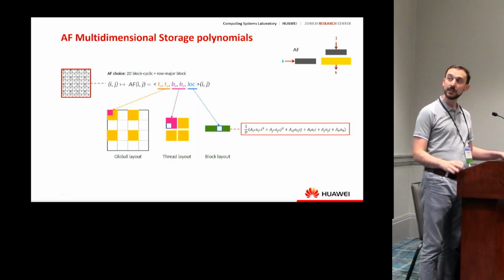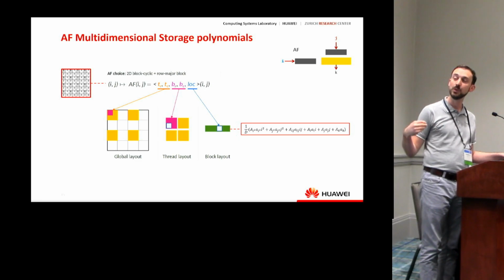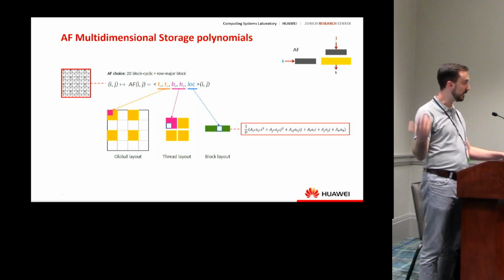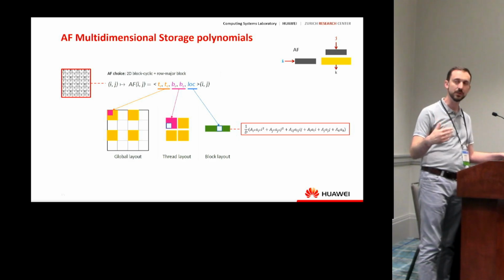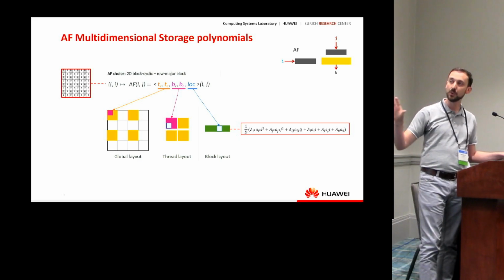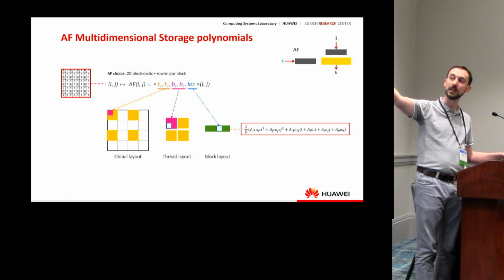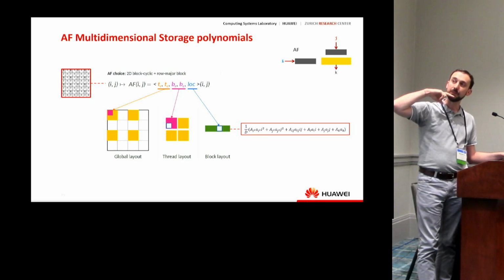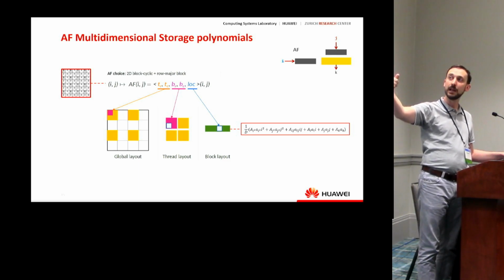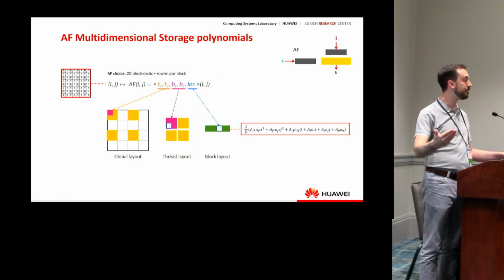Also, we do not want to limit the concept of the access function to being a scalar function, but rather a multidimensional one in general. Here we started experimenting with a formulation of the access function, which in this case would be a 5-dimensional one, that is useful, for example, to capture things like 2D block cyclic layouts.